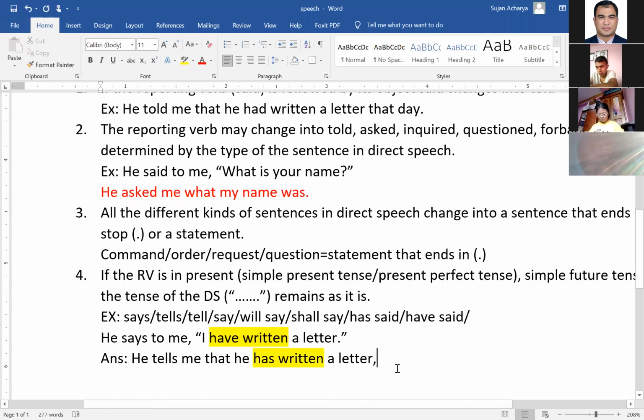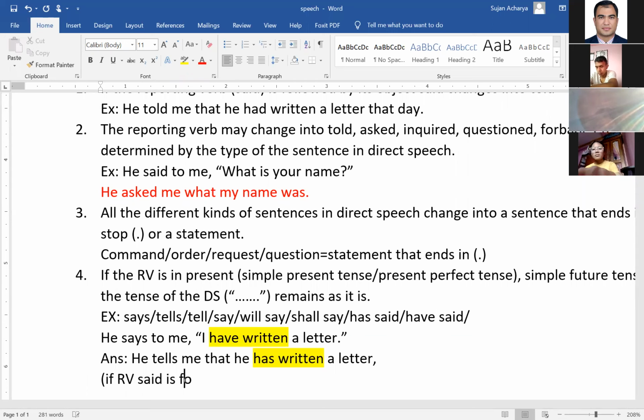Says changes into told. Why? As a rule, if the reporting verb said is followed by the object of the reporting verb, said changes into told, as we have discussed in the first rule.